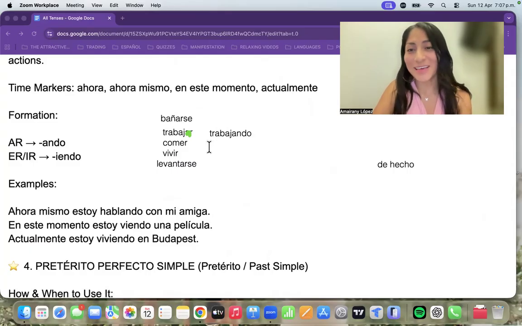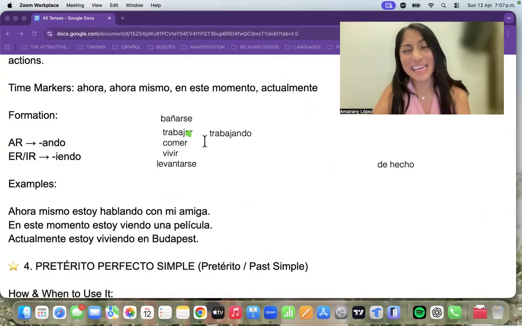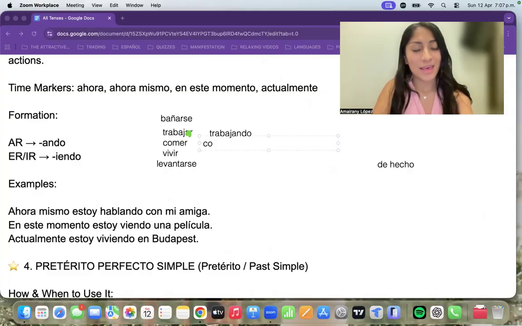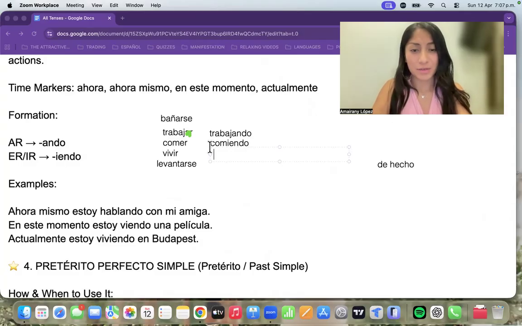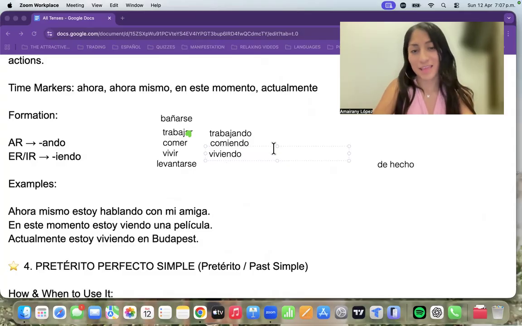So the gerundio is the ing, okay? All those things that are happening right now. Comer, we drop the ER and we put the IENDO, which is yendo in Spanish. So that would become comiendo, eating. And then we have vivir, which is to live. And to make it living, we would say viviendo.